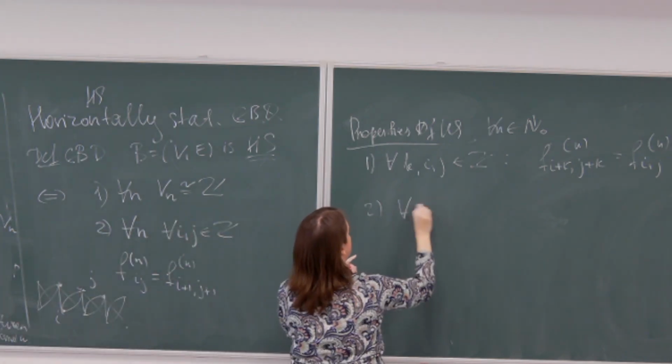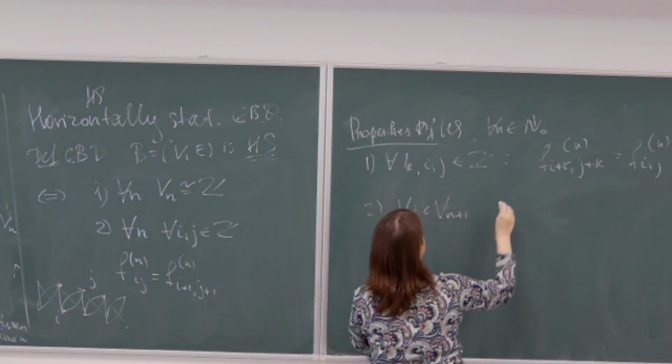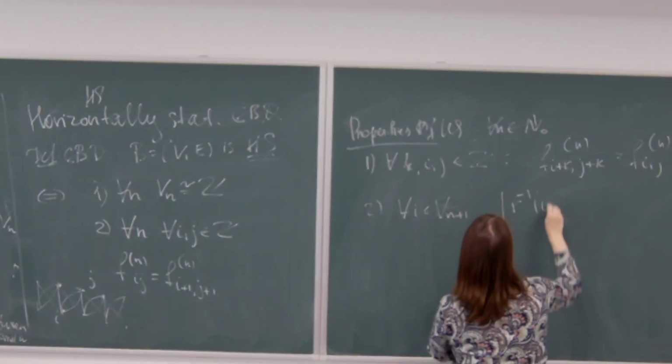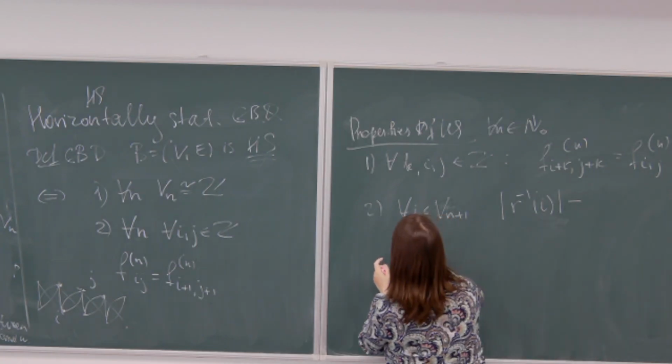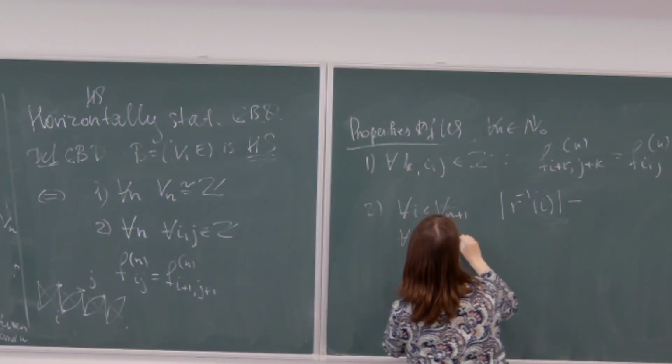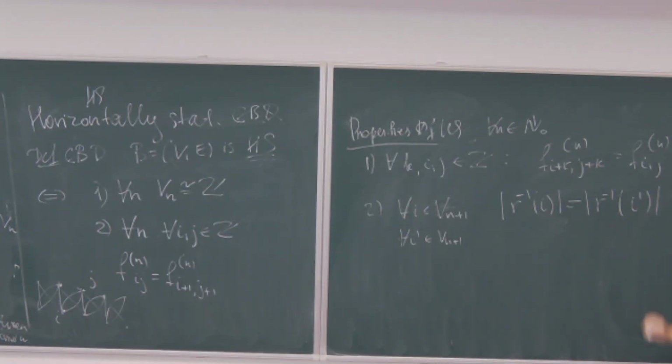So for every i and i prime in B_{n+1}, the number of incoming edges should be the same. And this allows us to compute the heights.